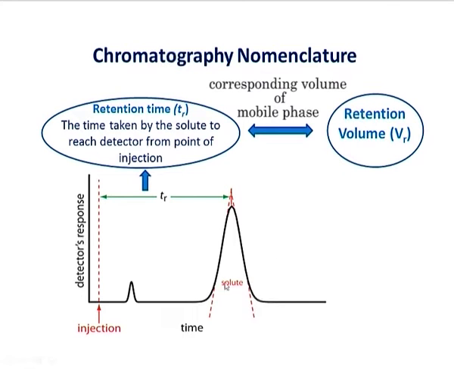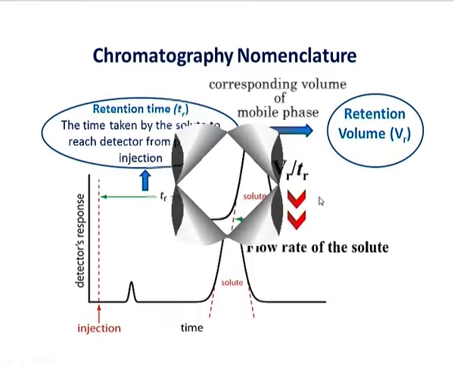As I said, this volume can be on the x-axis instead of time, and this corresponding volume is called retention volume. A ratio of this retention volume and Tr, which is retention time, provides the flow rate of the solute, and I want you to keep this term in mind.